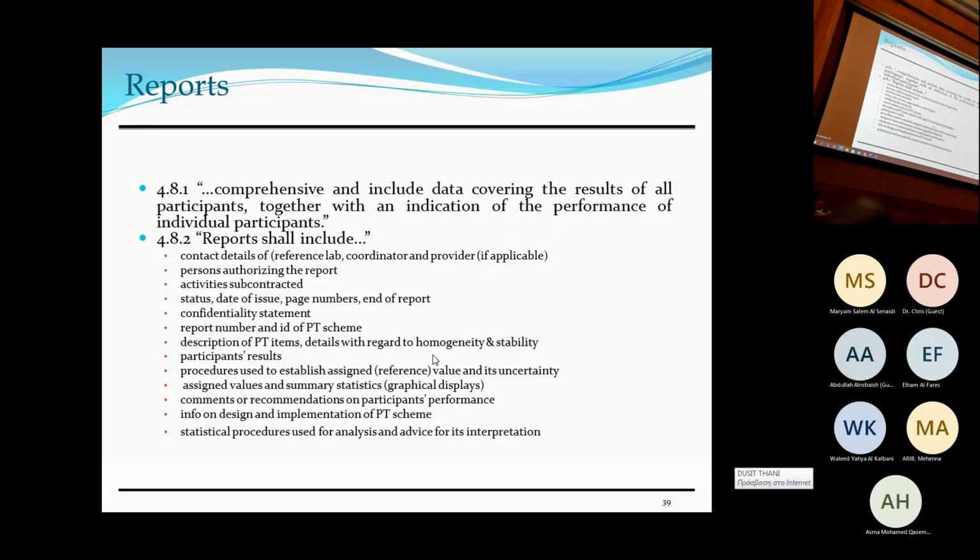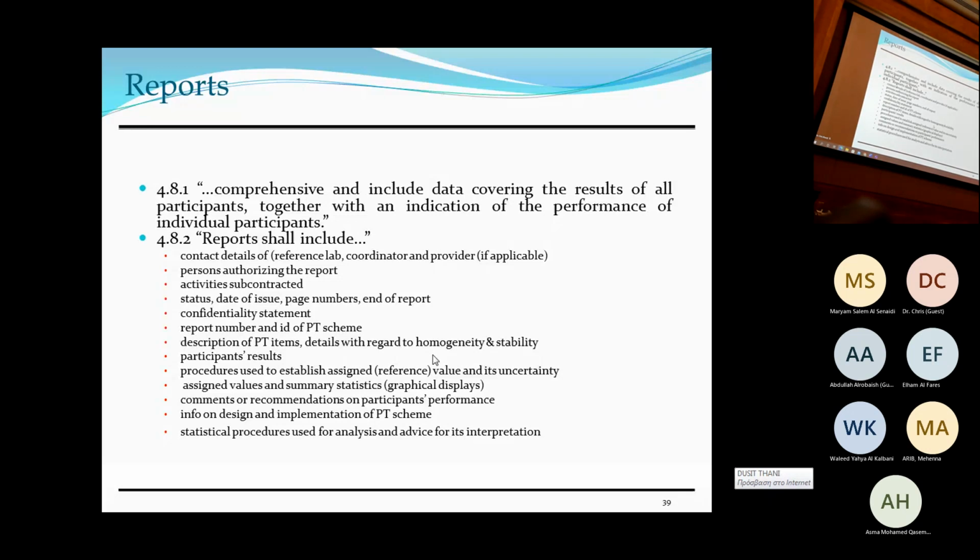So there should be a description of the items, stability, comments, results, the procedures that were used to establish the reference values, assigned values and summary statistics in the form of graphs, comments or recommendations, info on the design and implementation of the PT scheme, and a mention at least of the statistical procedure used for the analysis and advice for their interpretation.